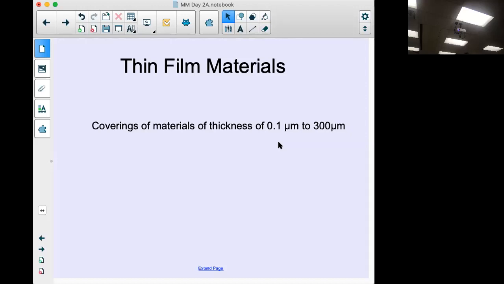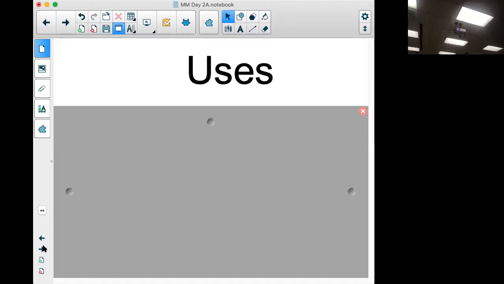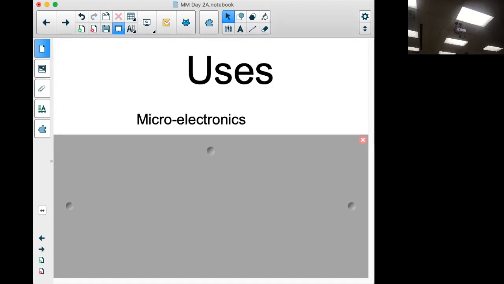We all good? Okay. Now the main uses of thin film. Microelectronics. Back when I was your age, and we wanted a radio in the car or any other device, what did you have to have? A nice little antenna waving out, a little bar antenna. Do you see many cars with antennas anymore?